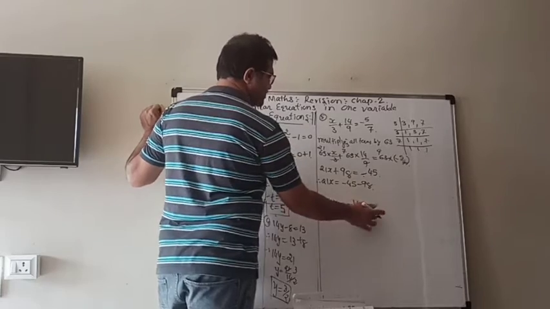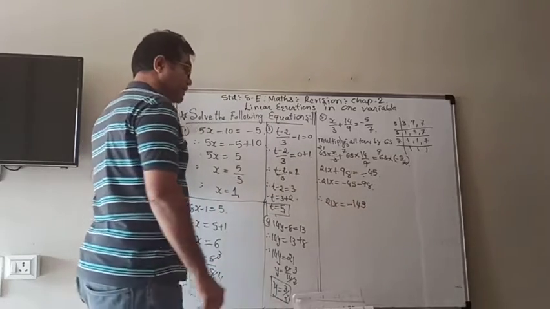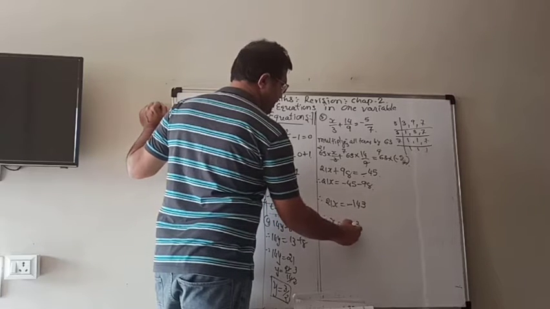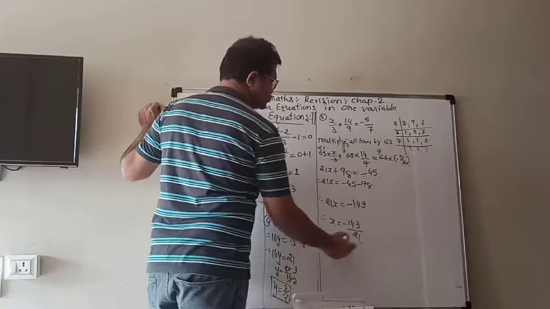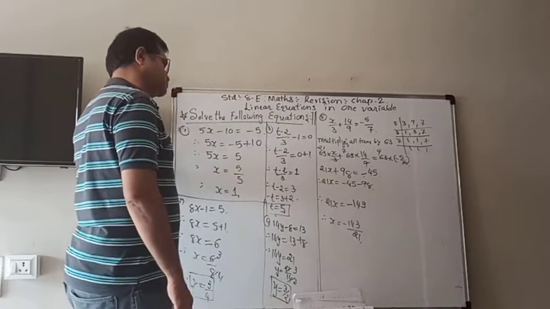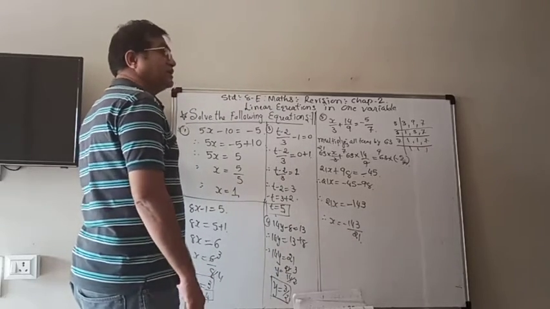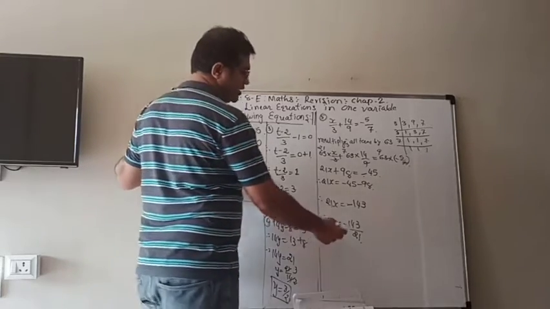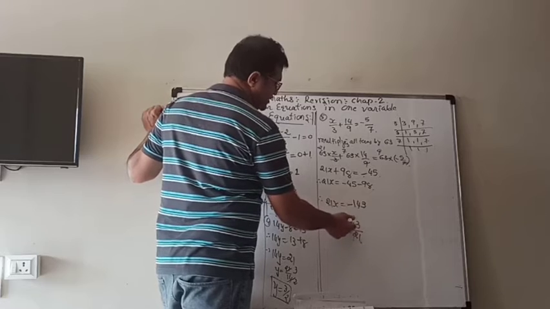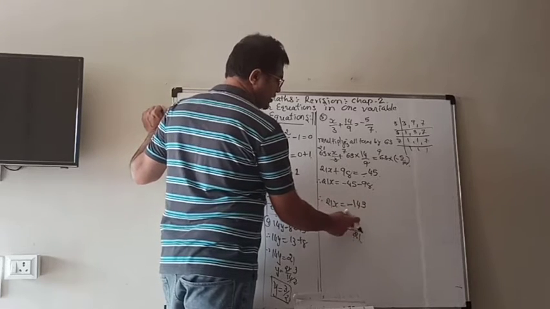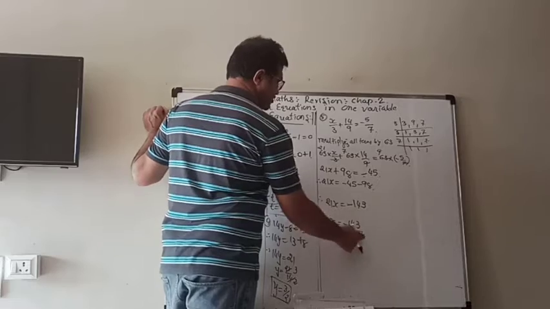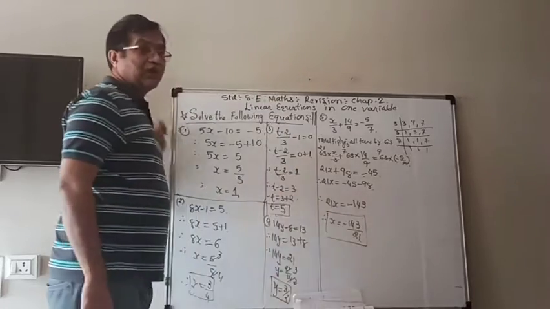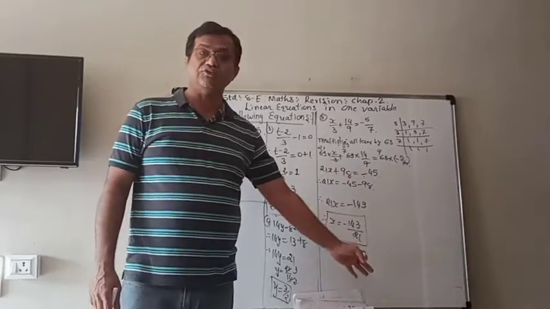So minus 143, and therefore x is equal to minus 143 upon 21. Check if any cancellation. Otherwise, that will be the answer. Here 7 threes are 21. Here 3 is also not a factor. 7 is also not a factor. So answer is minus 143 upon 21.